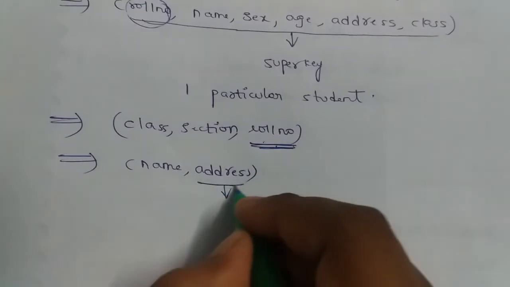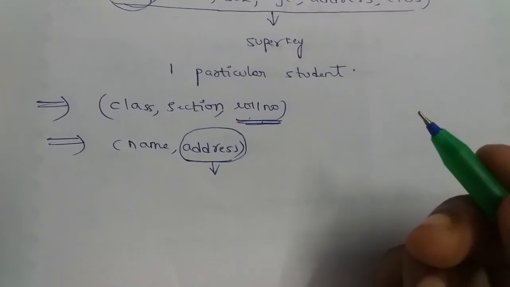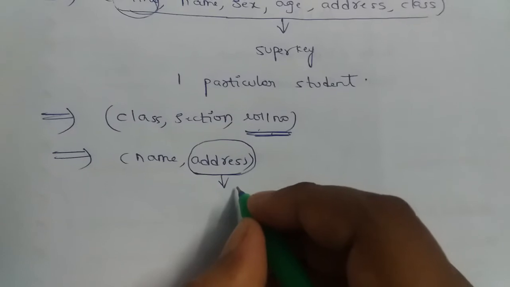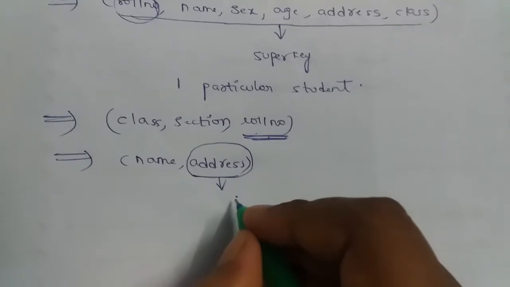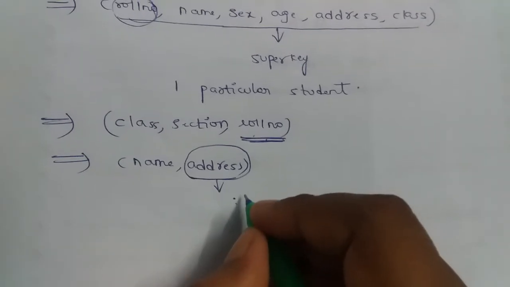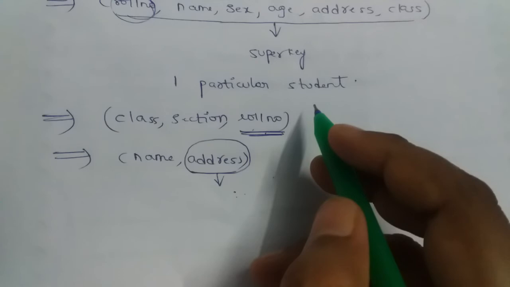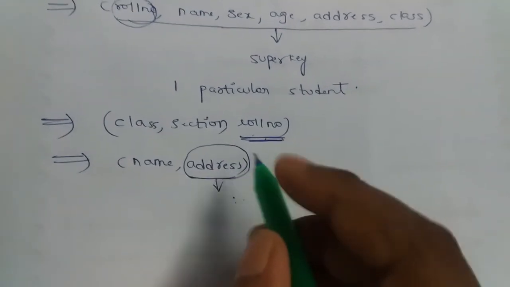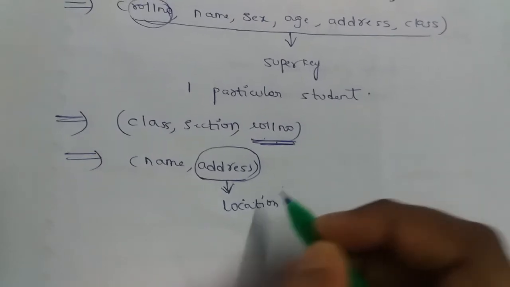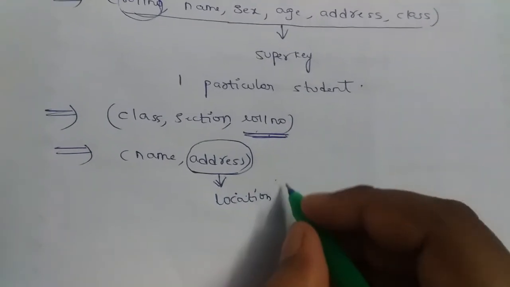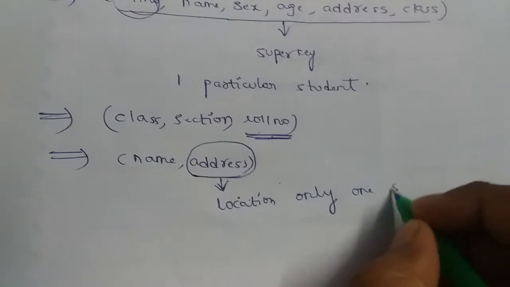By using the address only, we can find one particular student, without the roll number, sex, age, class, section, because a particular address location contains only one student.